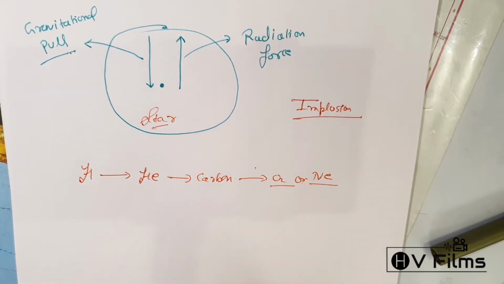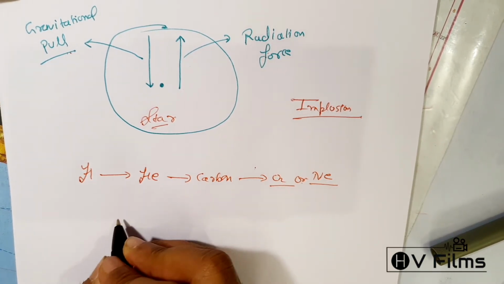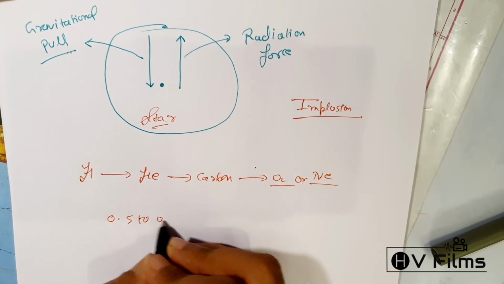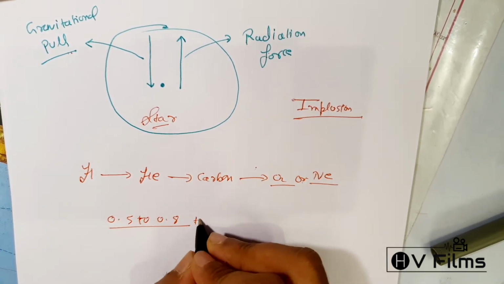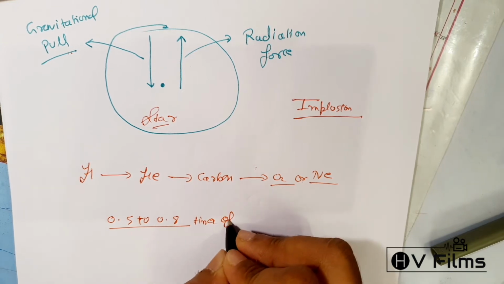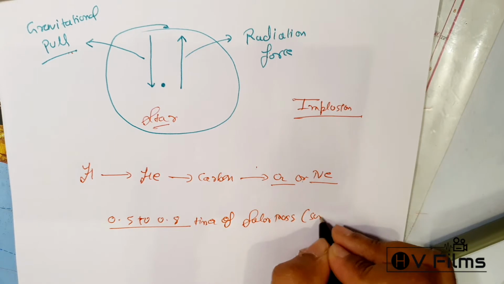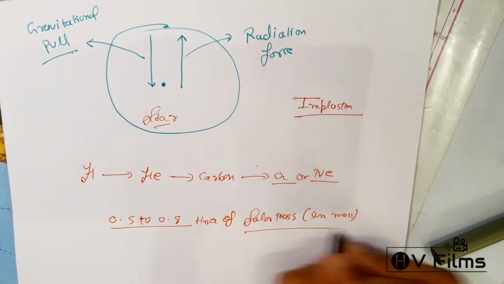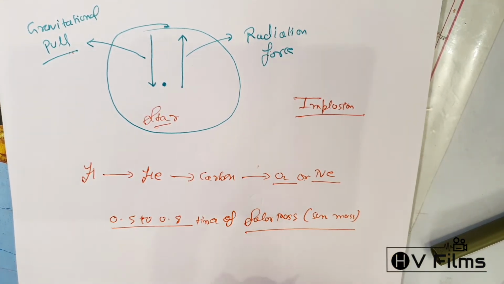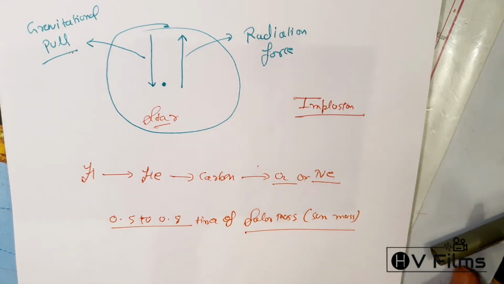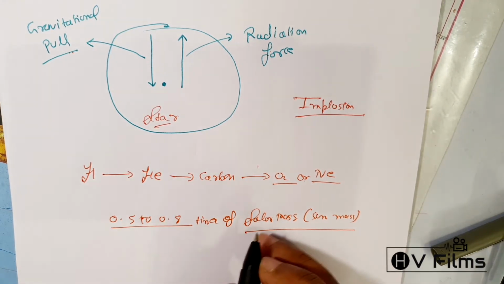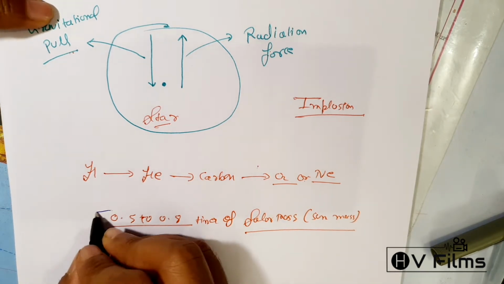So generally, if the mass of any star is 0.5 to 0.8 times that of our solar mass, solar mass being the sun's mass itself, the fusion reaction will be slow because the gravitational pull won't be so intense. So we can say that the fusion reaction will be low.